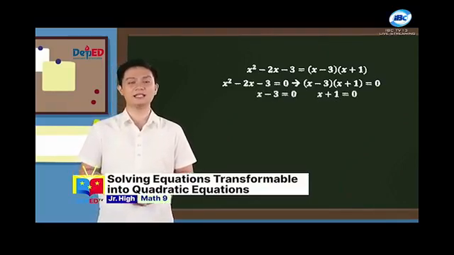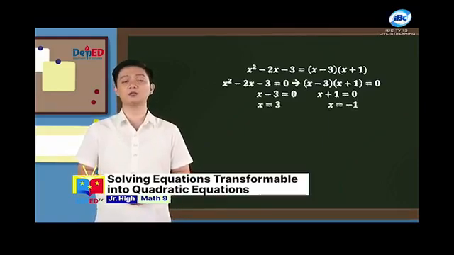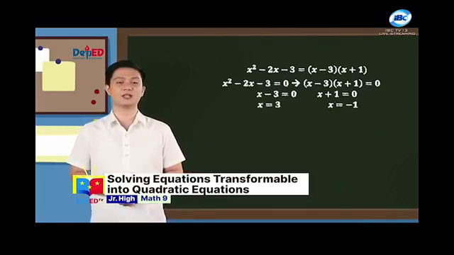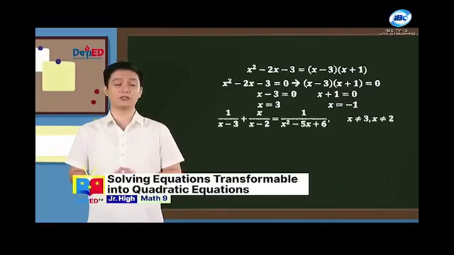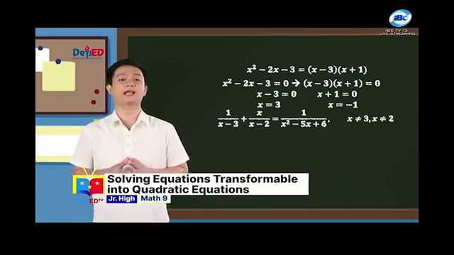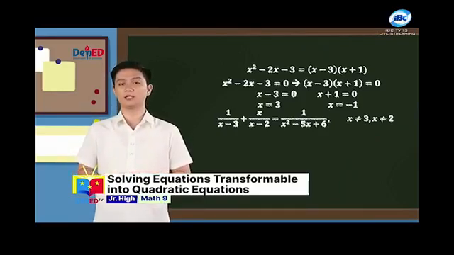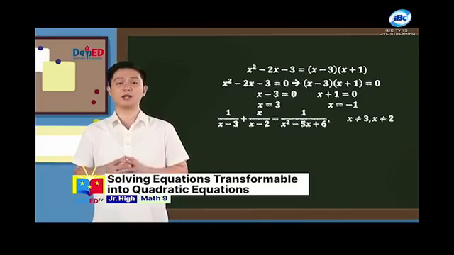And by equating each factor to 0, we must get that x is equal to 3 and x is also equal to negative 1. However, recall that in the original equation, x must not be equal to 3 and to 2. Therefore, 3 is called an extraneous root.